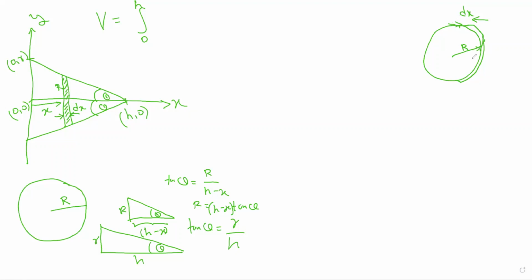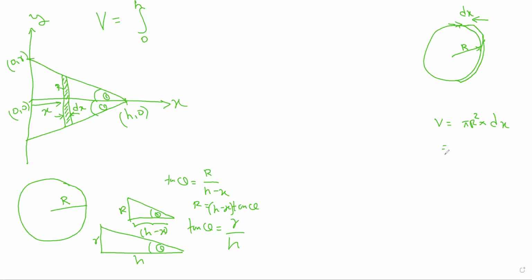What is this cylinder? This is the plate we considered for the integration, and I converted it into this cylinder. If I write the equation for the volume of the cylinder, V equals cross section pi r squared times the height of the cylinder, dx.